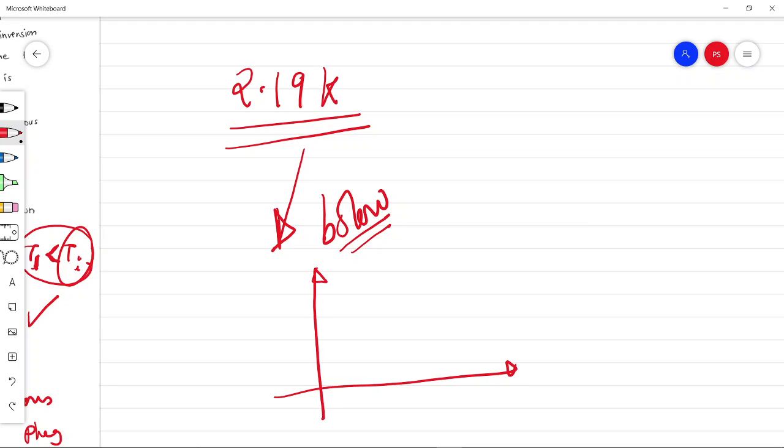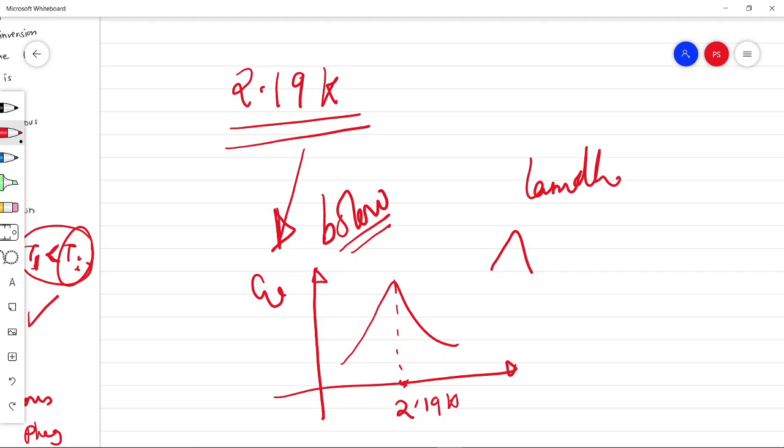One of the important properties is the specific heat. We get an abrupt change in specific heat at this particular point, and this abrupt change appears to have a shape of lambda. So this temperature is sometimes called the lambda point.